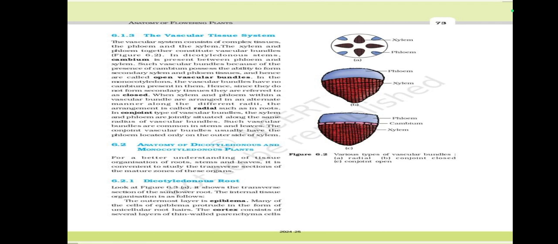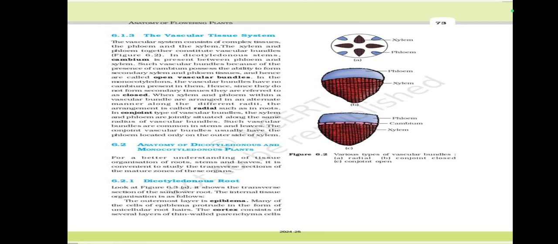In conjoint type of vascular bundles, the xylem and the phloem are jointly situated along the same radius of vascular bundles. Such vascular bundles are common in stems and leaves. The conjoint vascular bundles usually have the phloem located only on the outer side of xylem.